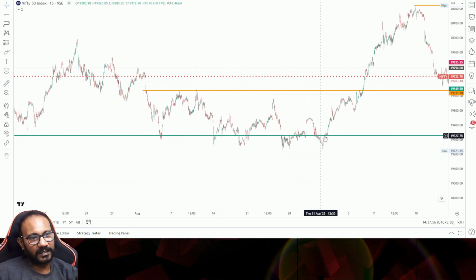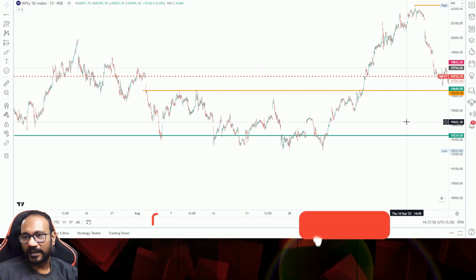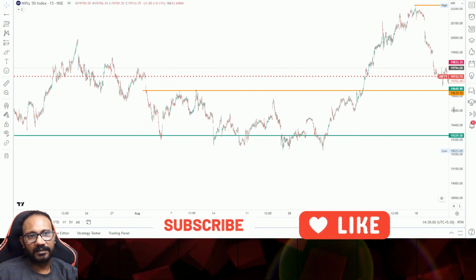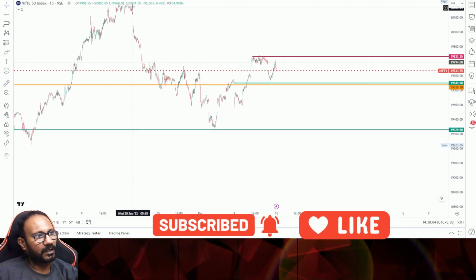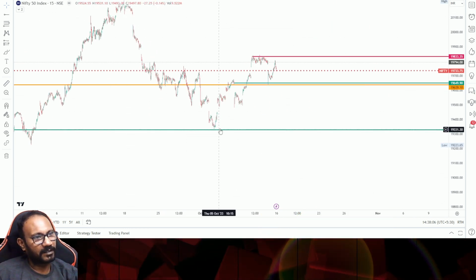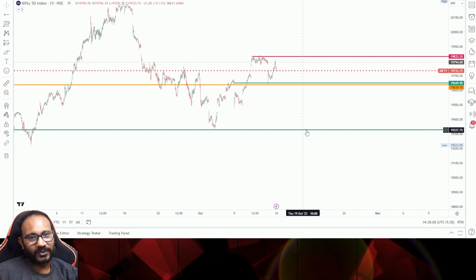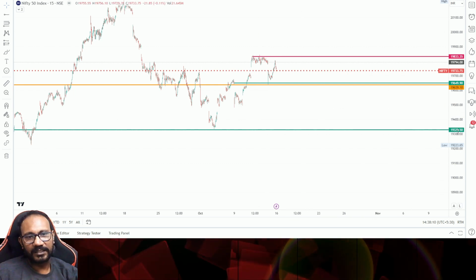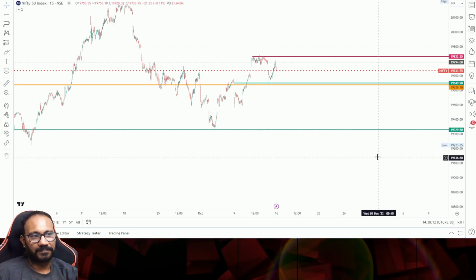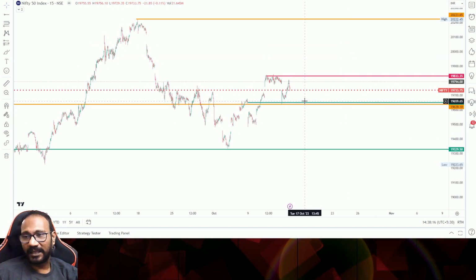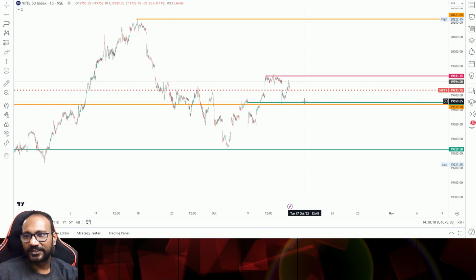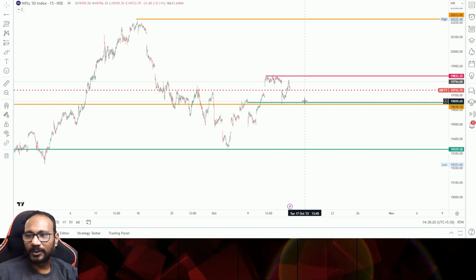This is one area where the market is finding a lot of support, and it's valid for so long. Even after that, when the market came here, again it bounced back. So technically this 19,330 is going to be a strong support, right? So this is how you can play with the support and resistance levels. And these are almost fixed ones, right?